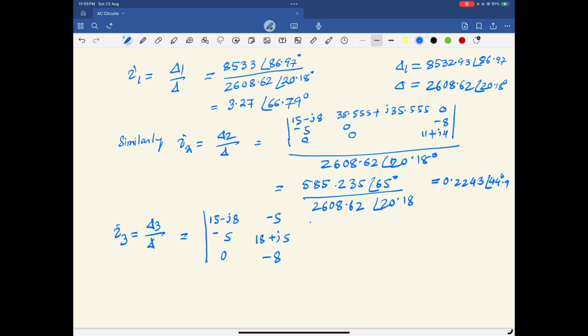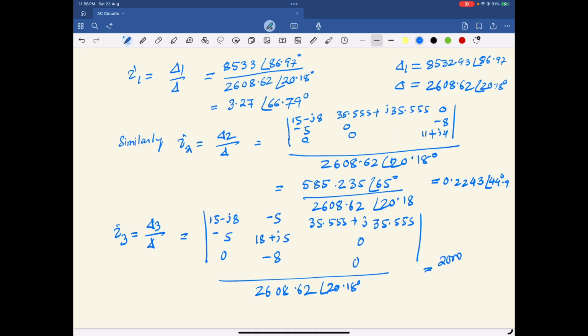I will replace the third column with 35.555 plus j 35.555, and I already calculated the value of del. This way we can calculate I1, I2 and I3, which are the loop currents.